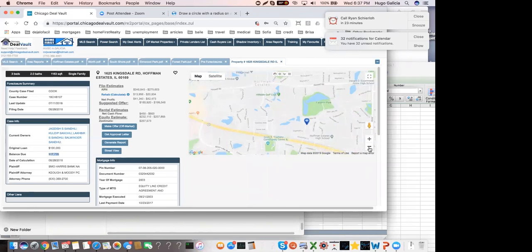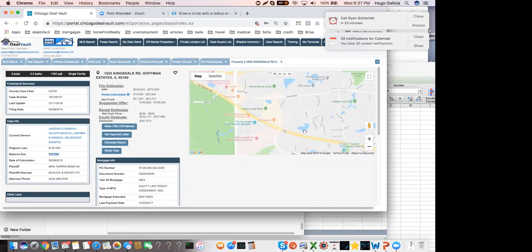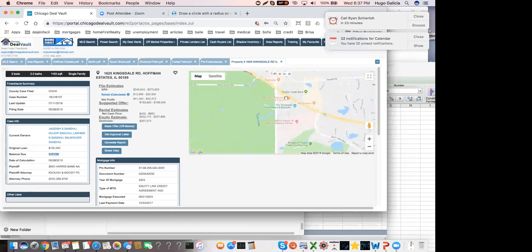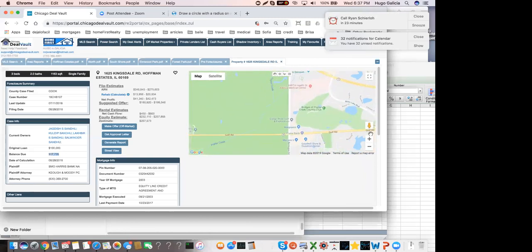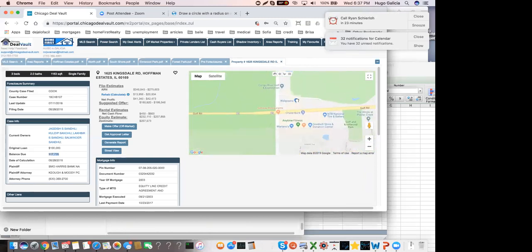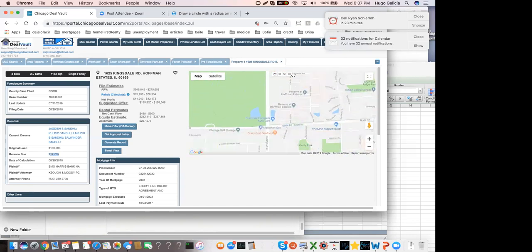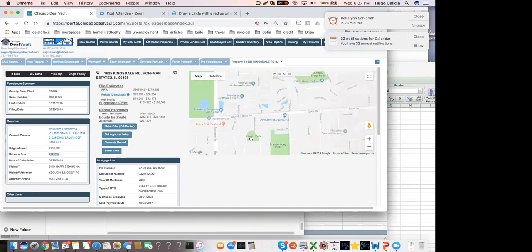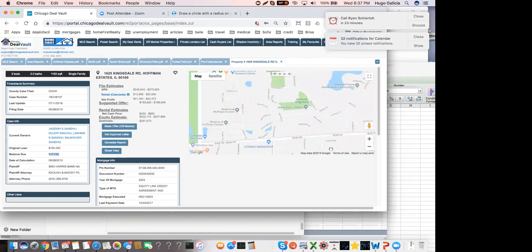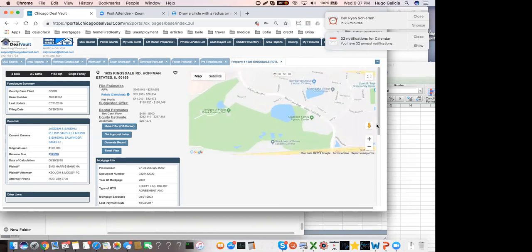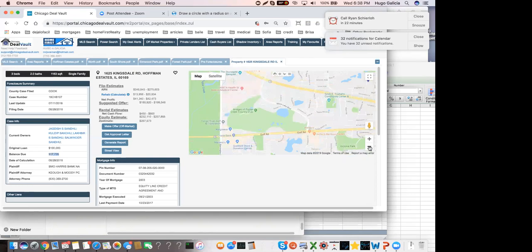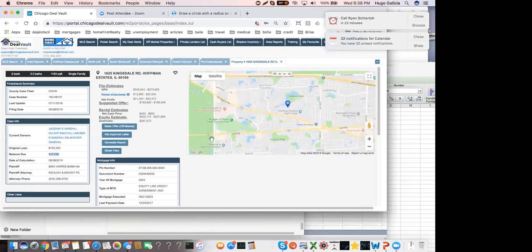Let me zoom out. So it's Higgins, and then this is a big street right here, where all the strip mall is. I just saw it, Barrington. So Barrington and Higgins, okay? So this big street is Barrington, and then here we have Higgins.